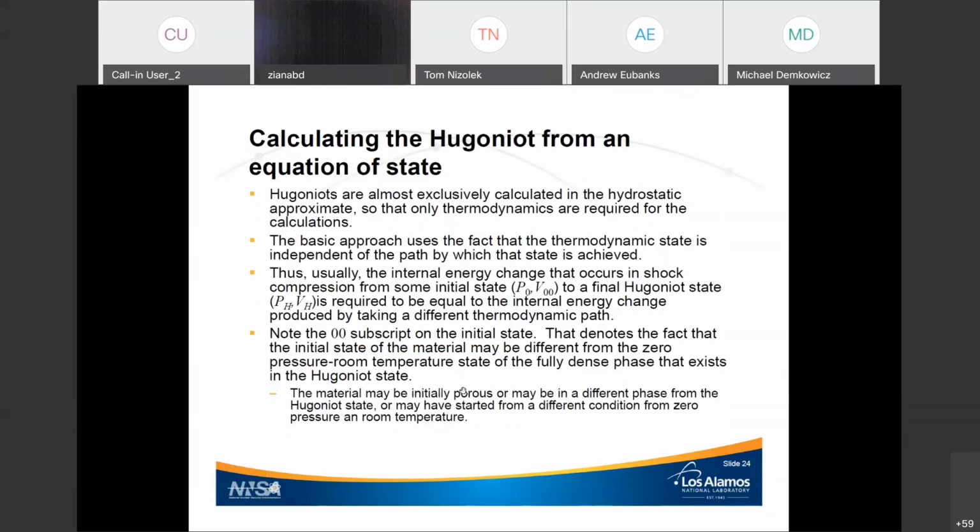Okay, the material could be porous, different phase, start from a different condition from zero pressure. We'll figure all that out.